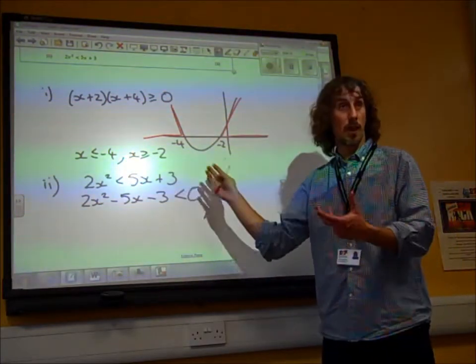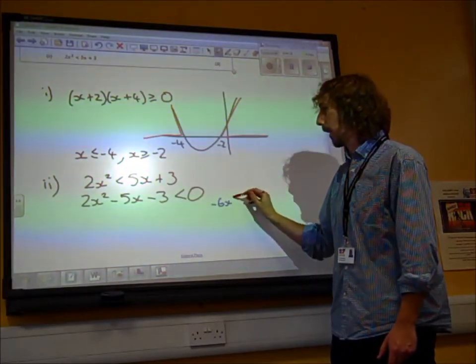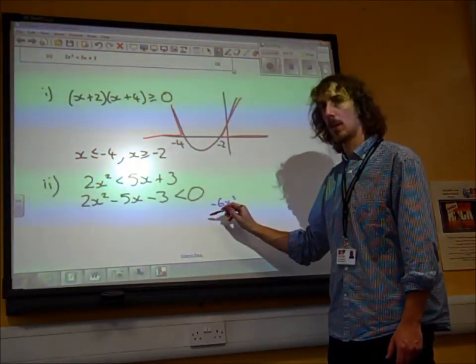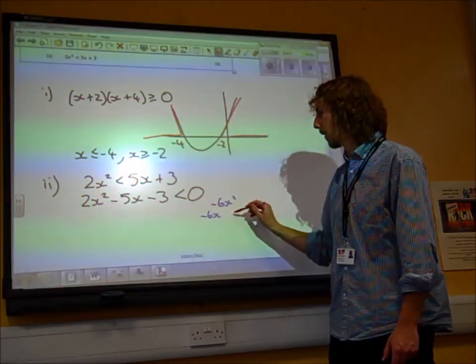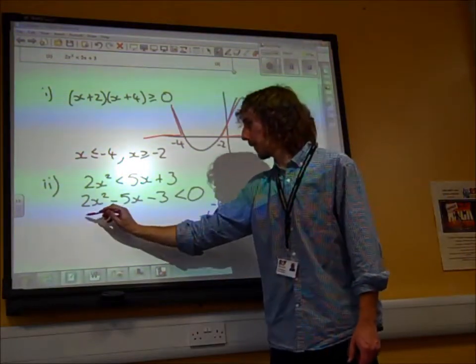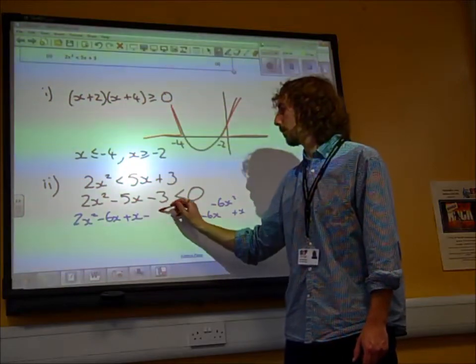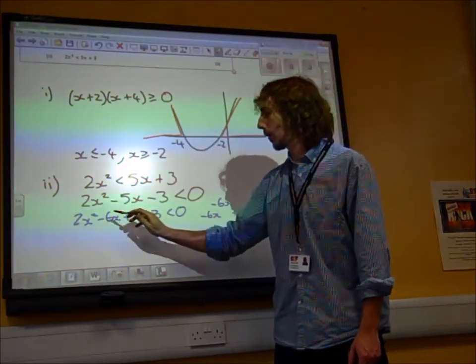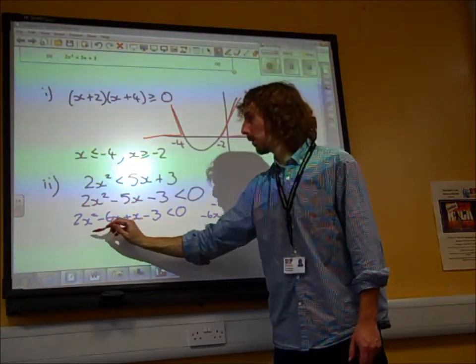Let's just go through those steps really quick. -6 x squared, that would need to be what? Minus 6x and a plus x. That would work, wouldn't it? So if we try and factorise it with that, 2x squared minus 6x plus x minus 3, we've got 2x as a common factor of those two terms.